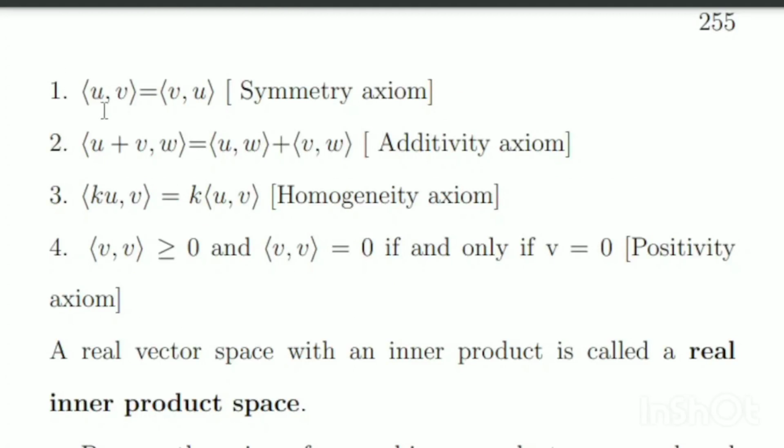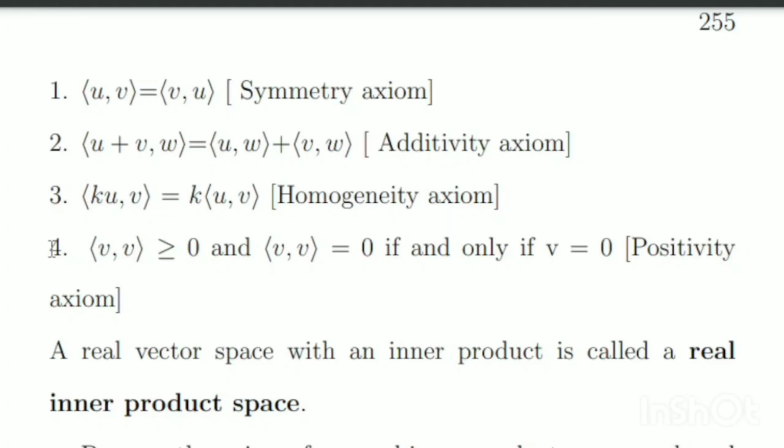Inner product of u, v equals inner product of v, u. That is the symmetric axiom. The second one, inner product of (u plus v), w equals inner product of u, w plus inner product of v, w, the additive property. Inner product of k u, v equals k times inner product of u, v, the homogeneity axiom.